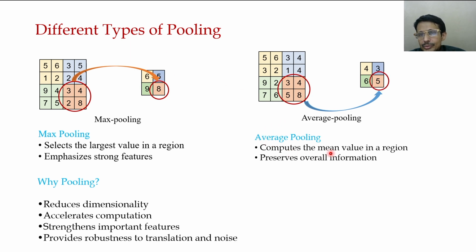Average pooling computes the mean value of the region. Max pooling takes the largest value, while here it takes the mean value. So it preserves overall information. In general, if some area is somewhat homogeneous, then we generally take this overall or mean information. This is done with this pooling operation.